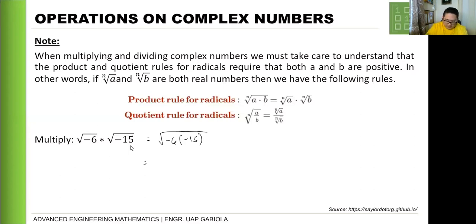That will be, ilan yan? That will be square root of 9, positive 90. And then when we try to simplify, baka 3 square root of 10 yung maging answer natin, which is incorrect, no?